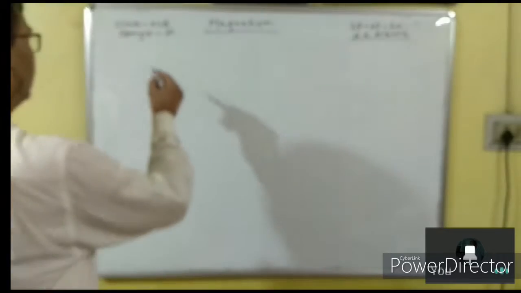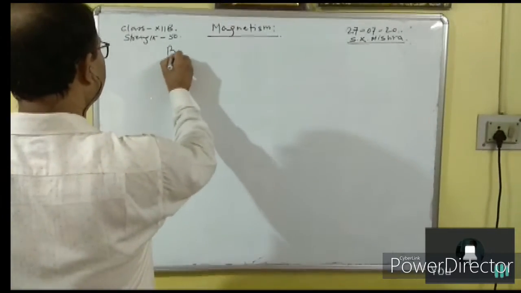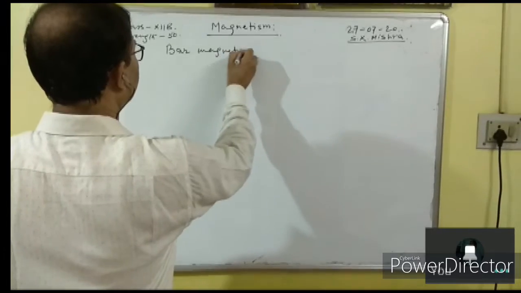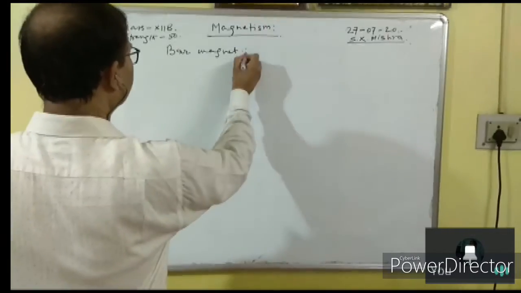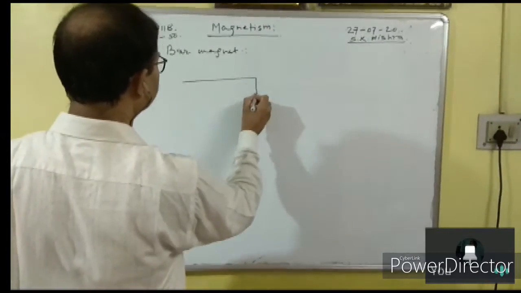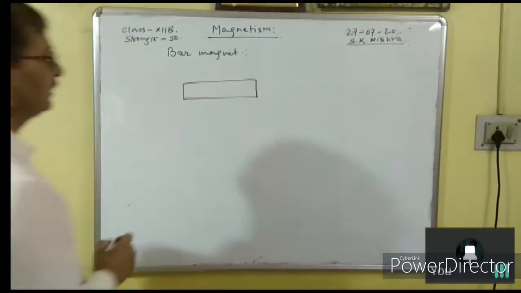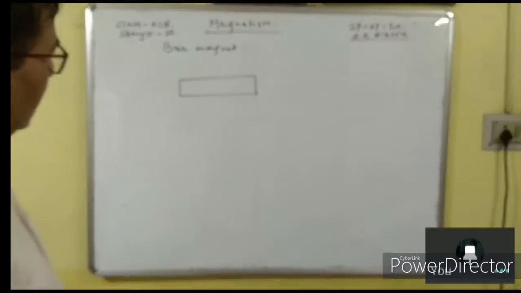All of you might have seen the bar magnet, properties of bar magnet. So, a bar magnet is nothing but a rectangular magnet. It is called a bar magnet.